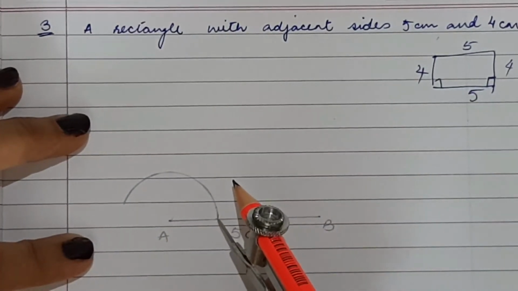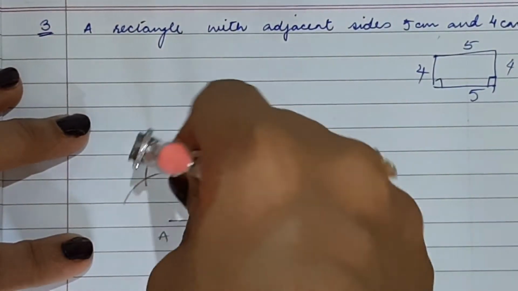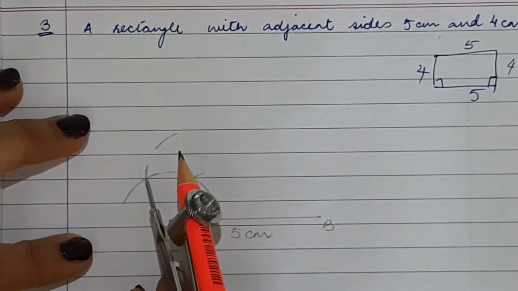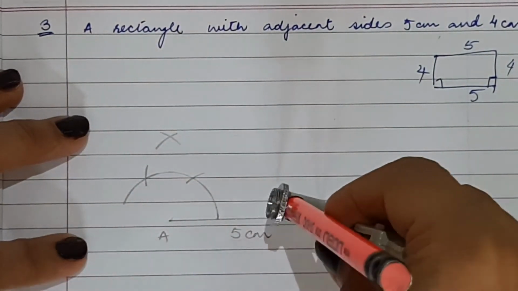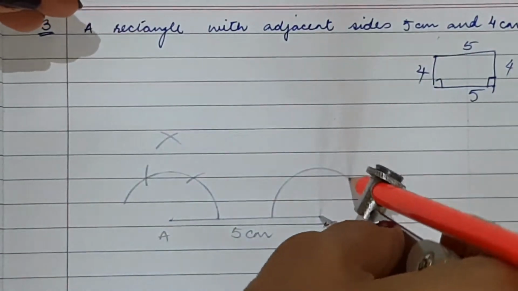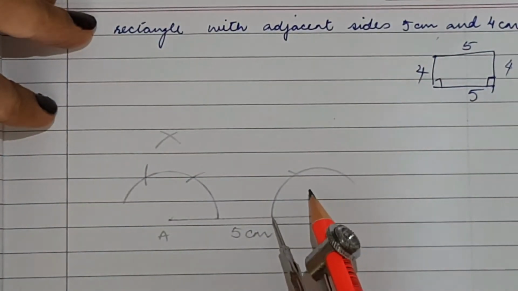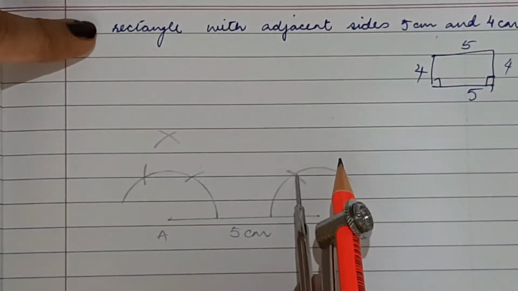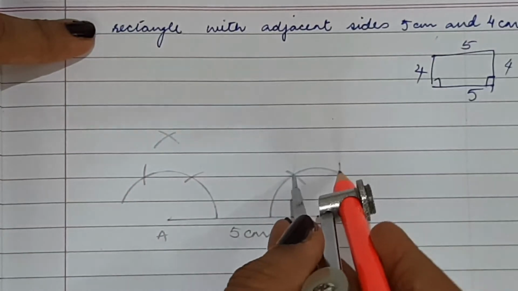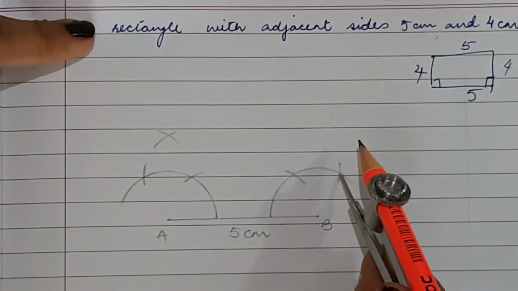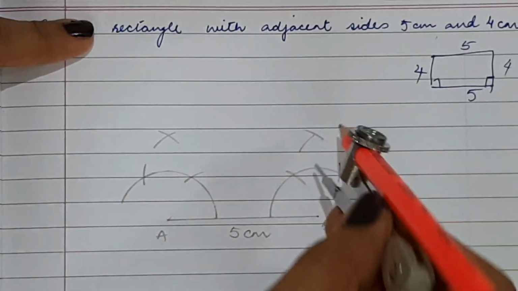First arc, second arc, third arc, fourth arc, fifth arc. Draw the same way, construct at B also: first arc, second arc, third arc, fourth arc, and fifth arc.